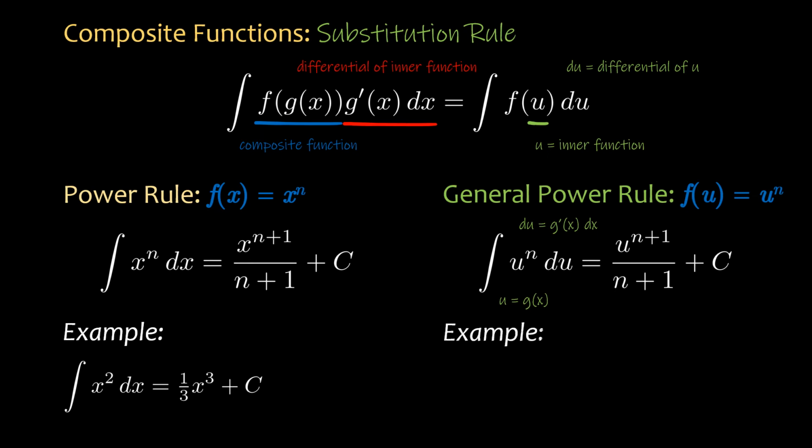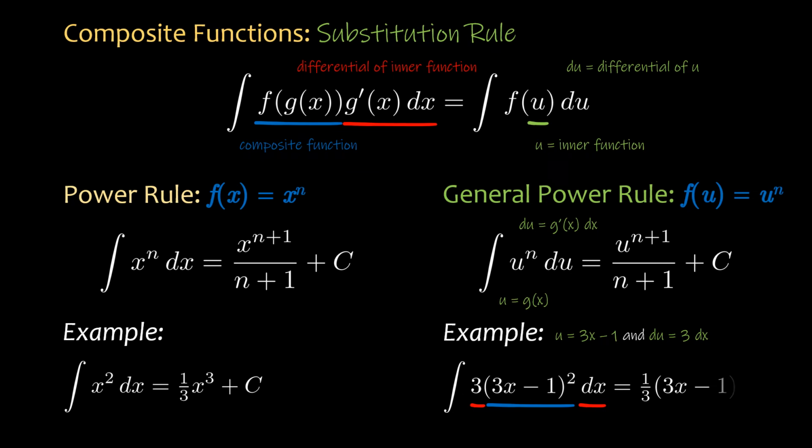Example: the integral of 3 times the square of quantity 3x minus 1 dx, where u is equal to 3x minus 1, and du equals 3 dx, is equal to 1/3 of the cube of quantity 3x minus 1 plus c.